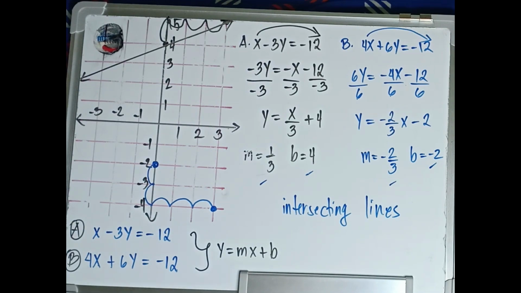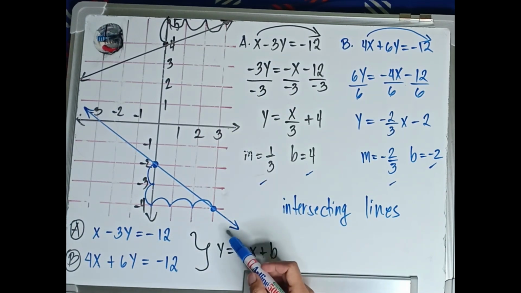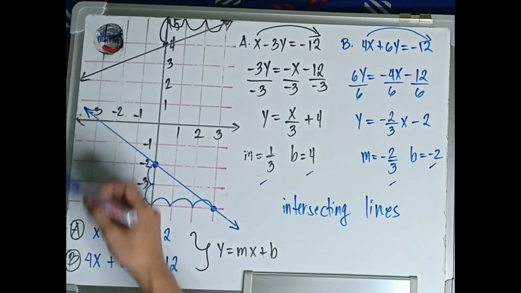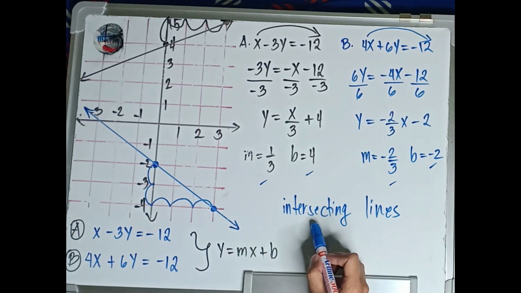Then let us connect the 2 points. The 2 graphs show an arrowhead, meaning they are extended to the right and to the left. So once we continue the graph, they will be intersecting lines.